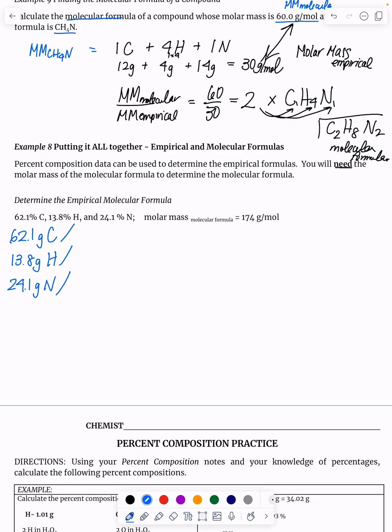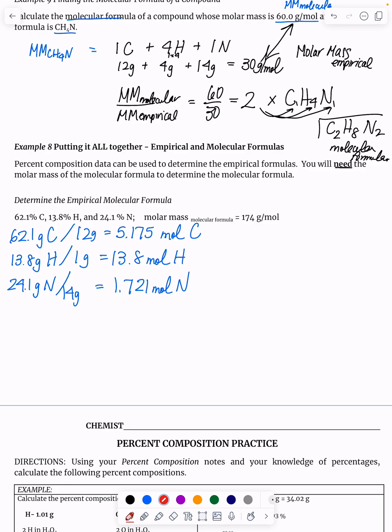And I get 5.175 moles of carbon. I could divide by 1 gram for the hydrogen here, and I get 13.8 moles of hydrogen. And then finally for nitrogen, 24.1 divided by 14 grams, and I get 1.721 moles of nitrogen. So that's steps 1 and 2.